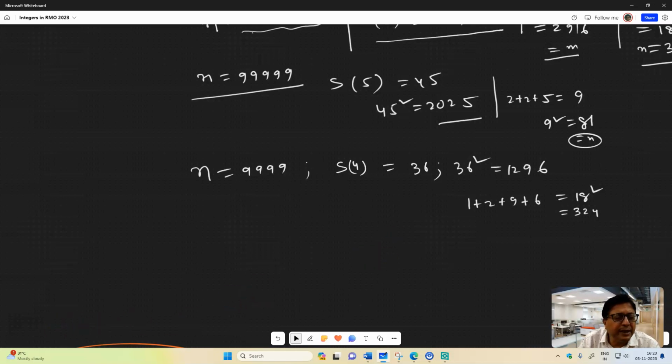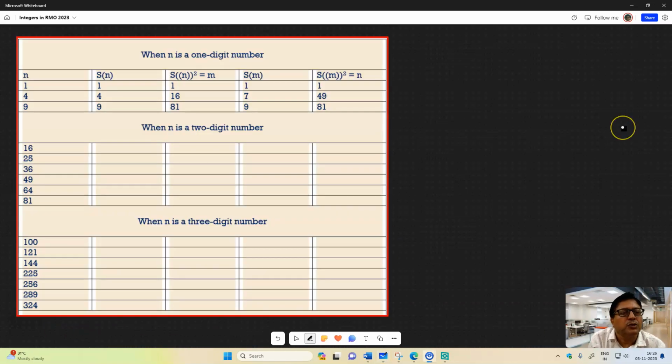So I will be taking the help of a table. I have done it in the form of a table here. For n equal to 1, Sn is 1, Sn square is 1, Sm 1, Sm square also 1. Not possible, because m should be less than n. Here it is 4, 16. We are taking perfect squares because the problem started by taking m and n as integers and their perfect squares also.